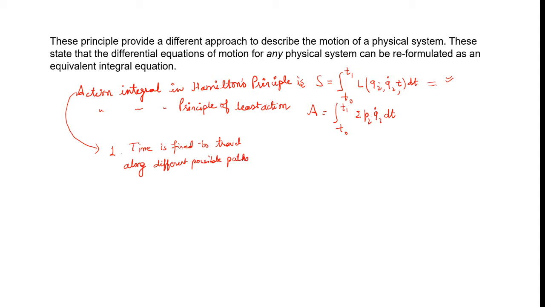So what is its consequence? Its consequence is that suppose a system is adopting two paths. A system is going from this point to this point, this is one path, and this is suppose another path.